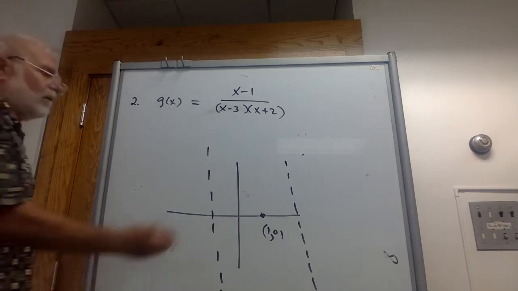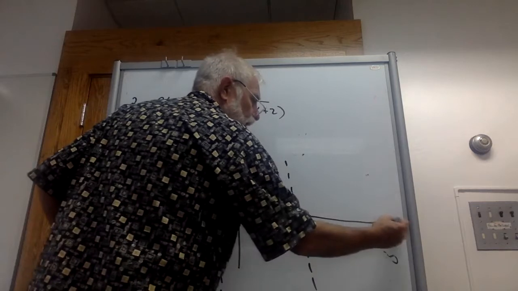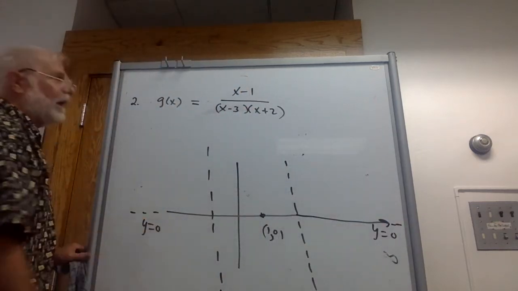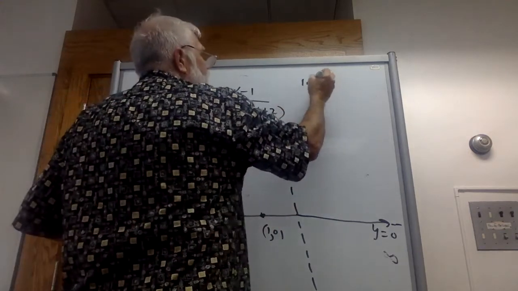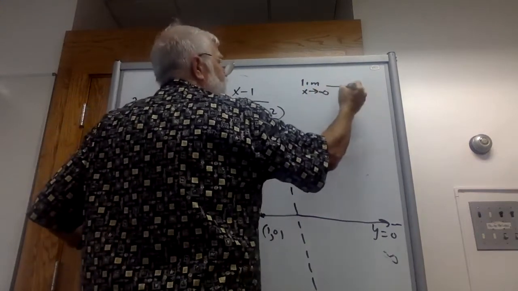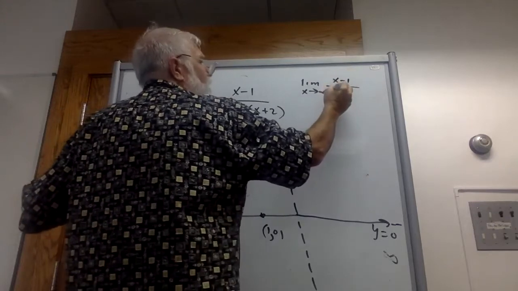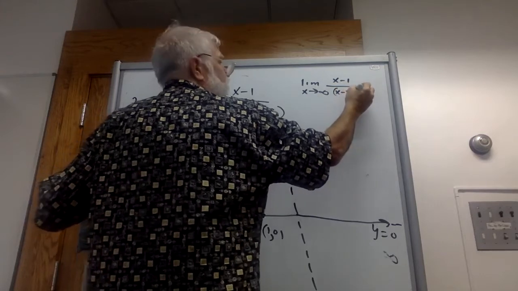End behavior, 0. Asymptote. How do I know that? Because I'm answering the question: what's the limit as x goes to infinity, again, end behavior of the fraction? Can I just write, now I'll put it in here, x minus 1 over x minus 3 times x plus 2.